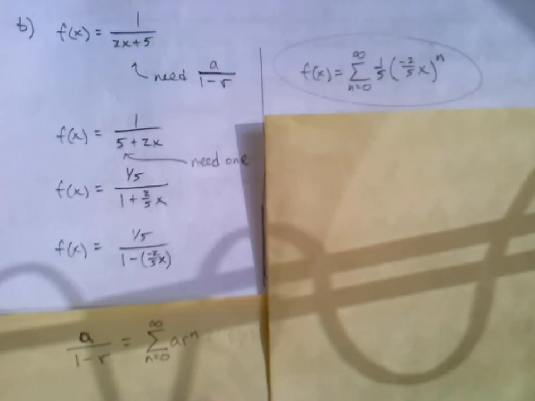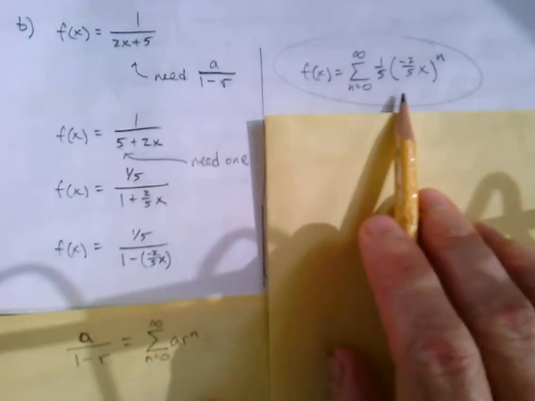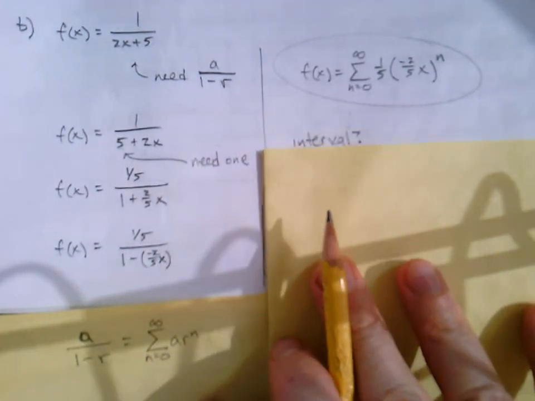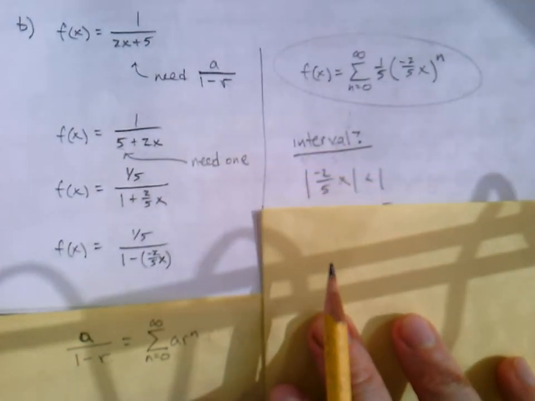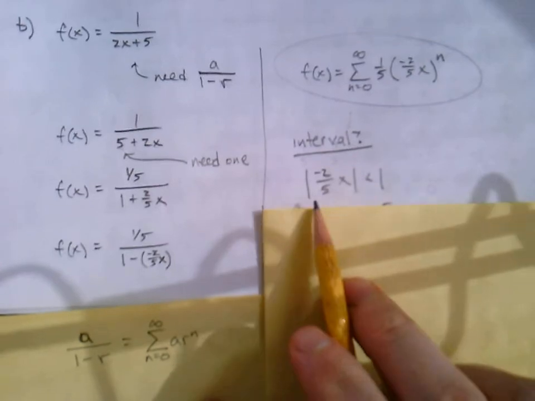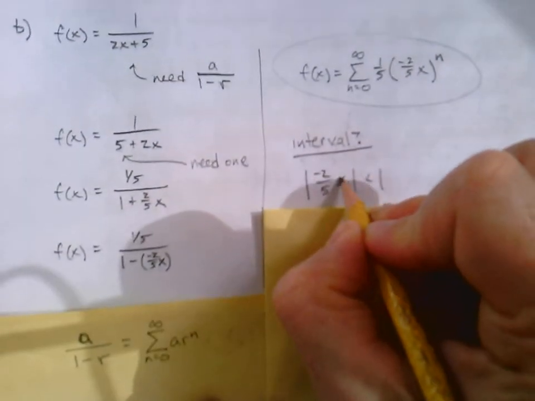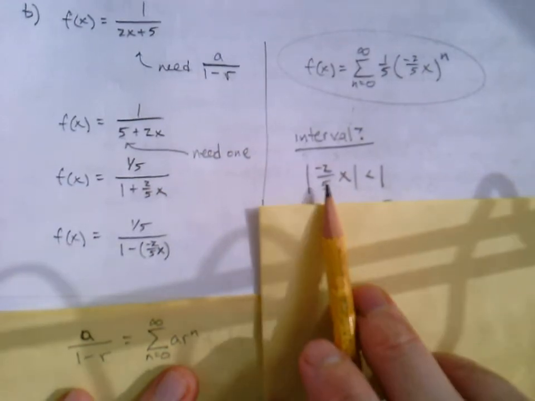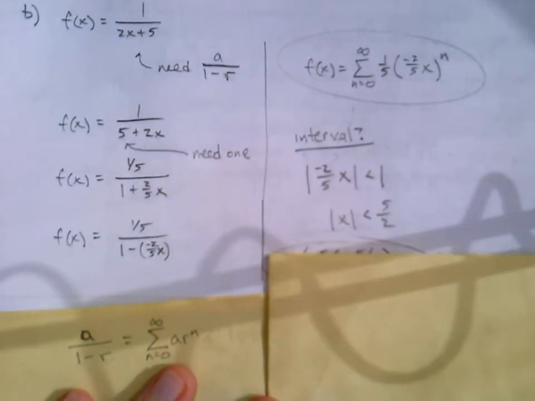All right. Now the other part of the question was, what's the interval of convergence? Well, I always take my r, throw absolute values on it, say that it's less than 1. Okay. Negative 2/5 x, absolute value, less than 1. And if I just isolate my x, then I'll have it.